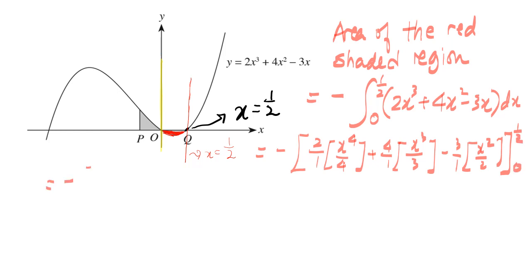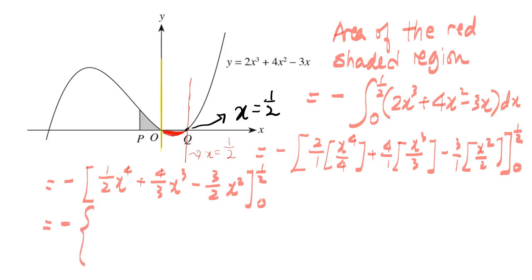Simplify it before you substitute the limits, it will be easier. That will give us half x to the power of 4 plus 4 over 3 x to the power of 3 minus 3 over 2 x squared, and then the limits. Don't forget the negative, the negative must be there. So we're going to put a huge curly bracket there.